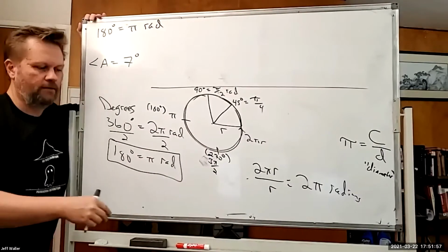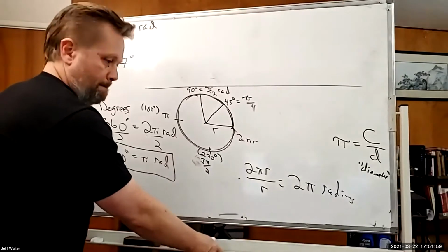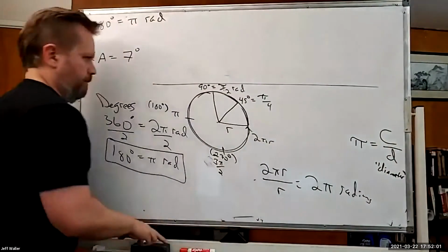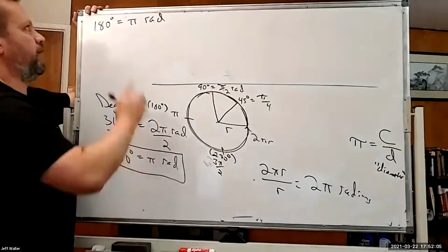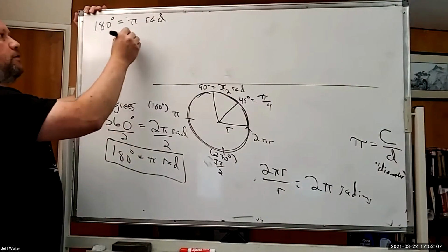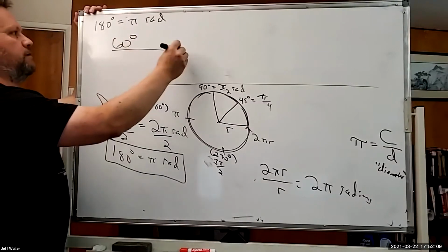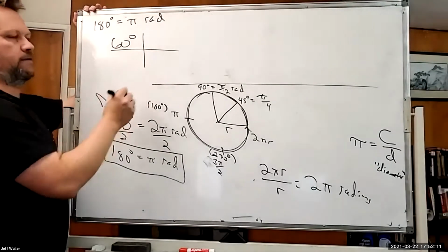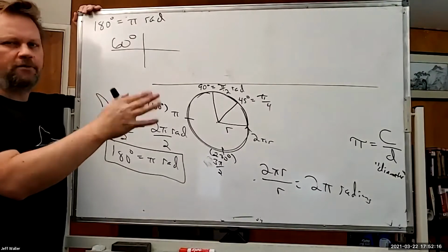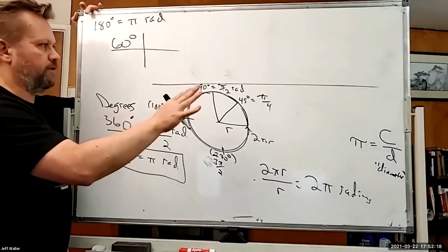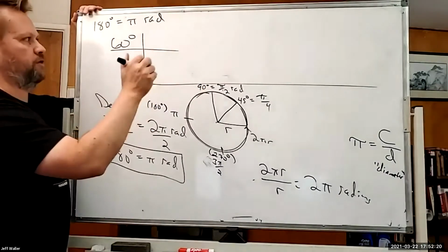Okay. All right. So what if I have 60 degrees? How do you convert that to radians? Have you guys ever seen this neat little grid for conversions? You probably don't need this, but I want to show you because it's a good tool for any conversions.